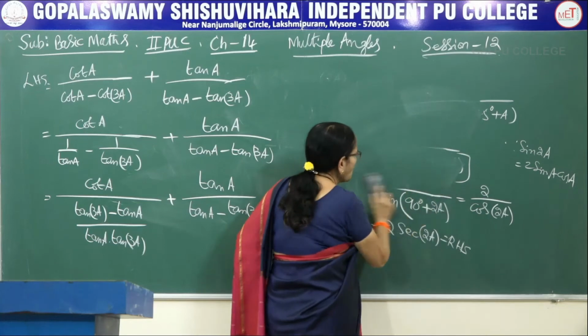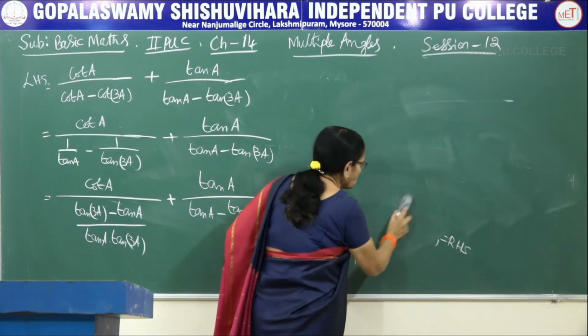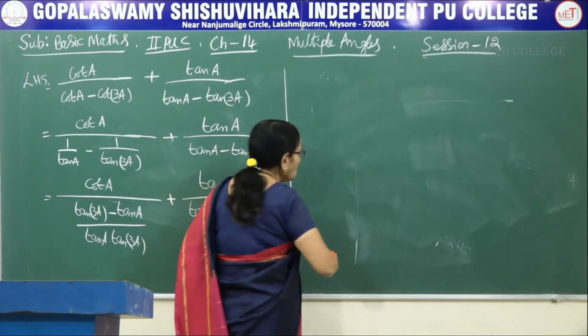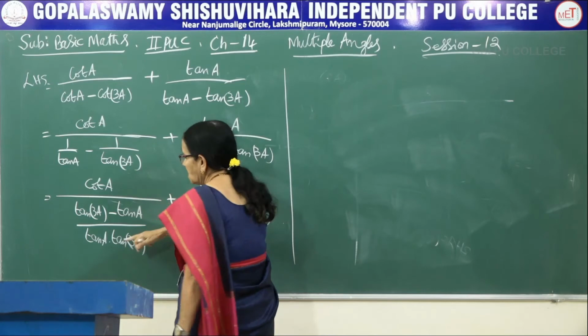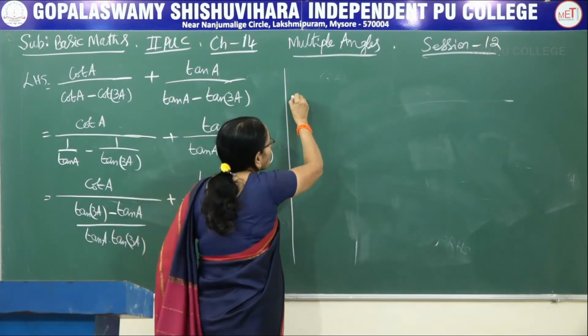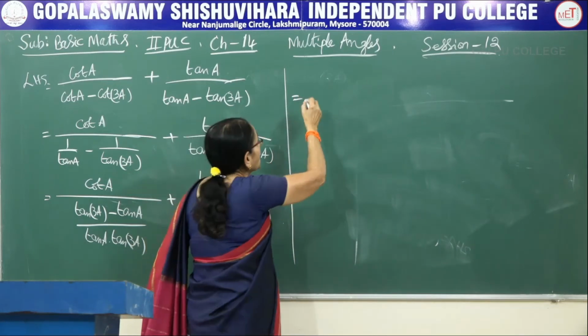In the next step, carefully you write the next term because we will be using some other information about trigonometry. Look at this one. Here, this 1 by tan A into tan of 3A, being the denominator of the denominator, goes to the numerator.